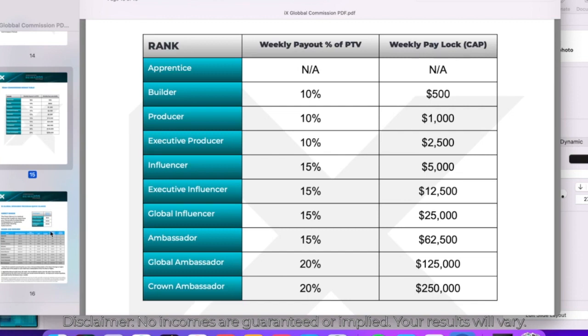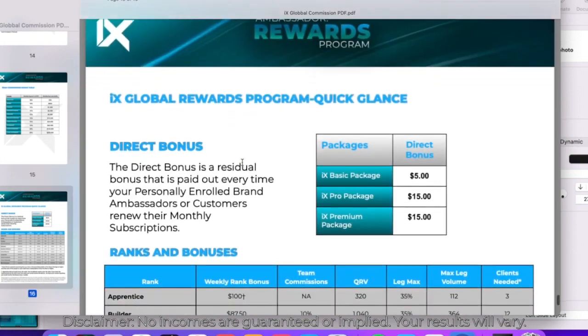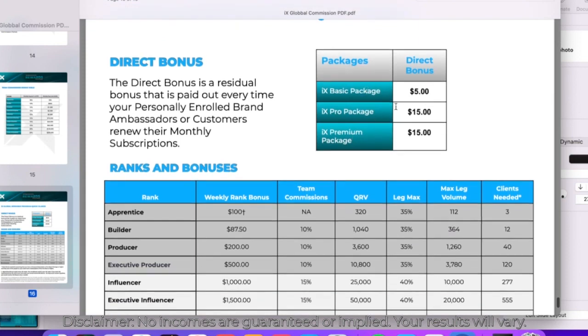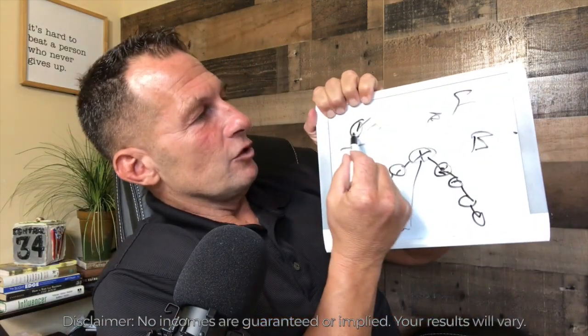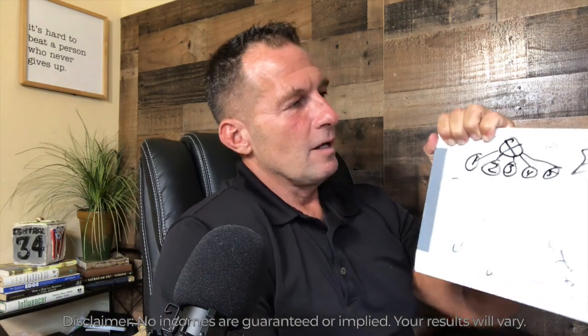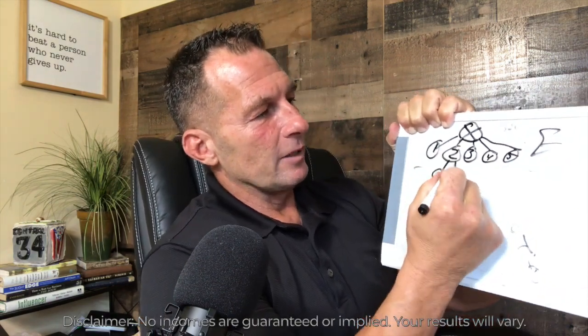So what we're going to do is jump to the last picture on here, the quick glance. Okay, we went through the fast starts, and now on the quick glance, we're still talking about executive producer. Here's how you get ranked to executive producer: you need 10,800 in enrollment genealogy volume. So what that means is, when you are placing people into your group, this person is going to probably go out and get a couple.